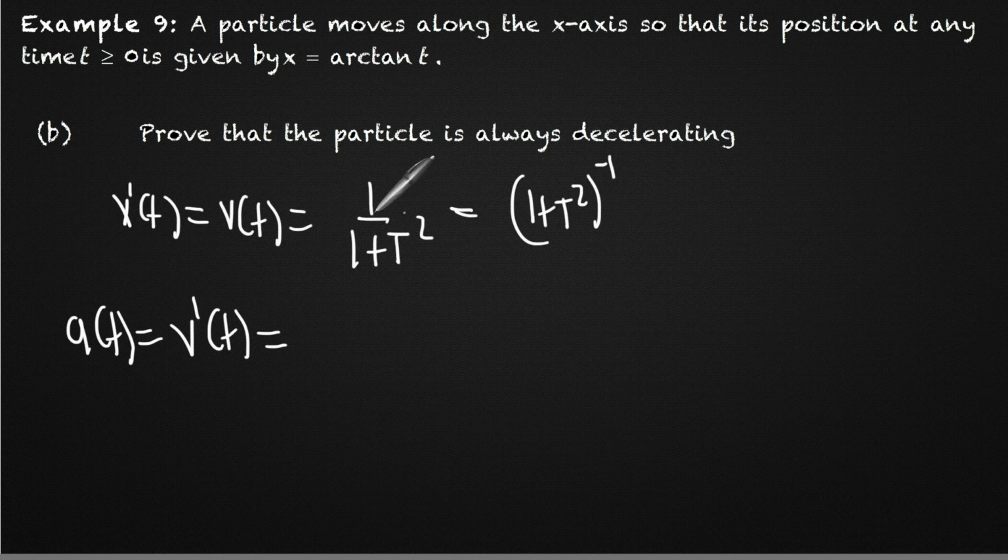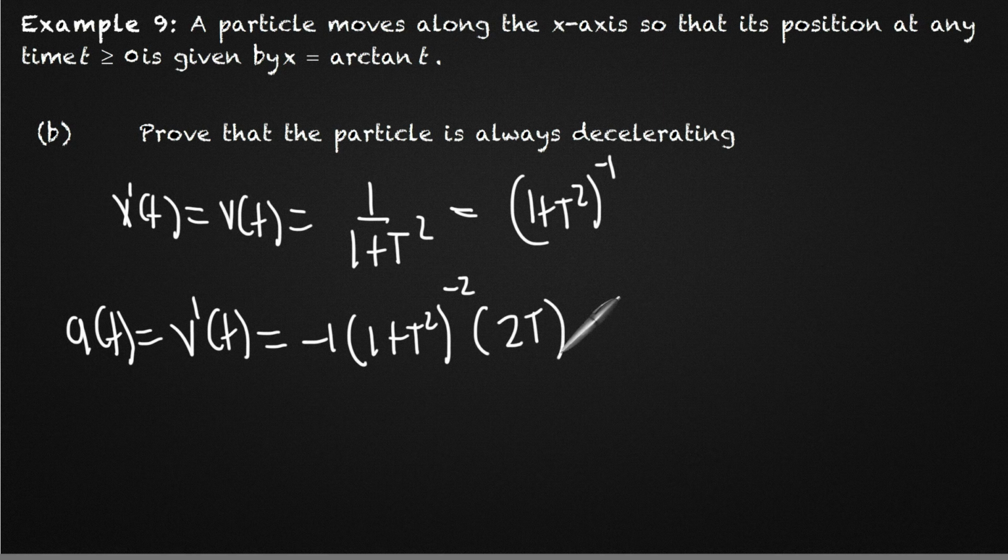We're basically moving this whole denominator up to the top. That way we can use the chain rule. So negative 1, leave the inside alone, drop the power down to negative 2, and then multiply by the derivative of the inside, which is 2t. Let's go ahead and write this as negative 2t over 1 plus t squared, squared.